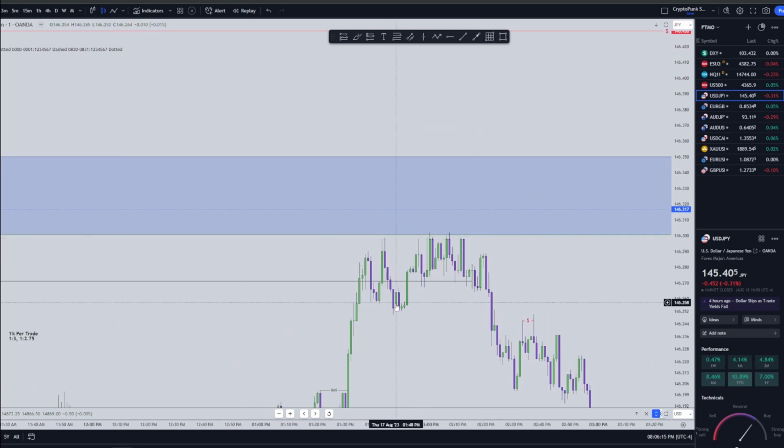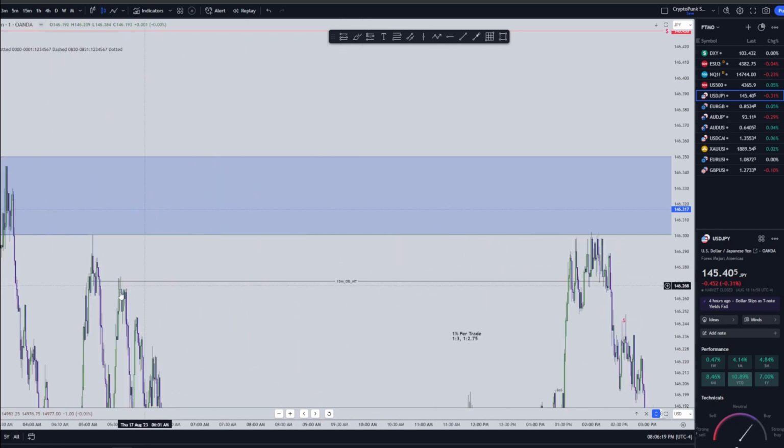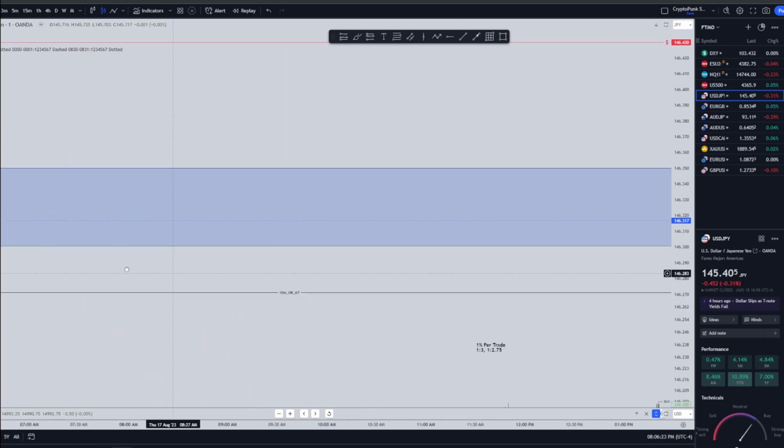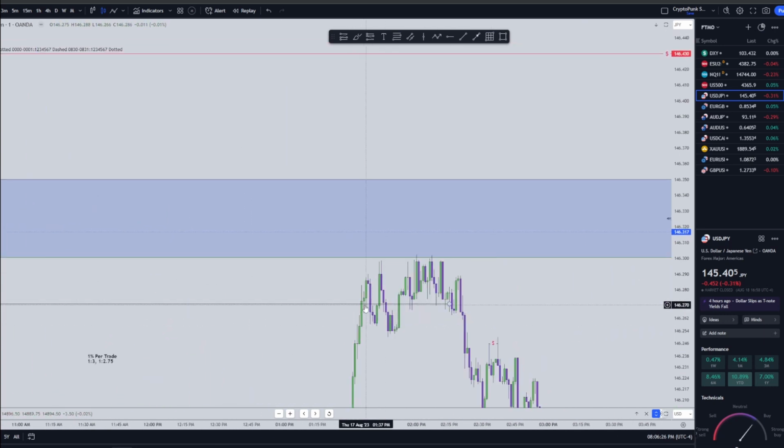It went there, came back again, but when I saw that there is a higher time frame 15 minutes order block sitting right here, the mean threshold, and price reacting on that order block on 15 minutes, I actually exited on this high. So when price was crossing this high, I exited here.